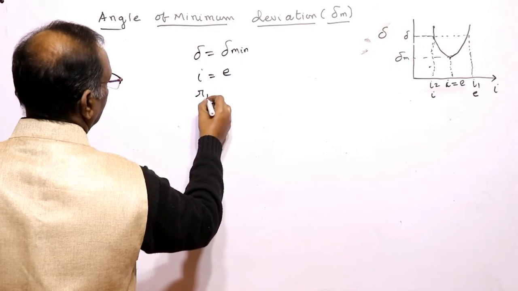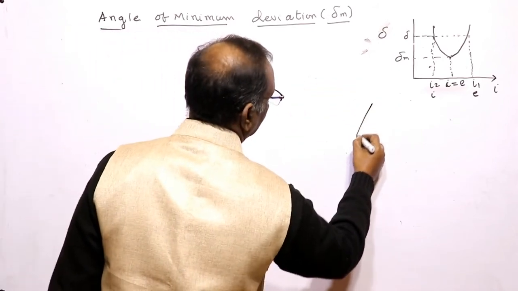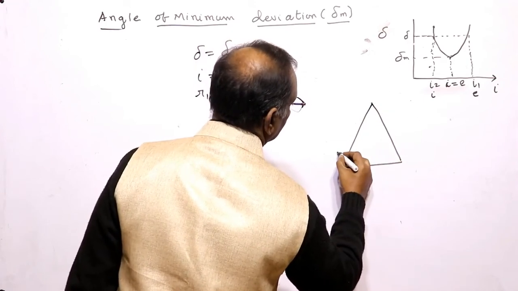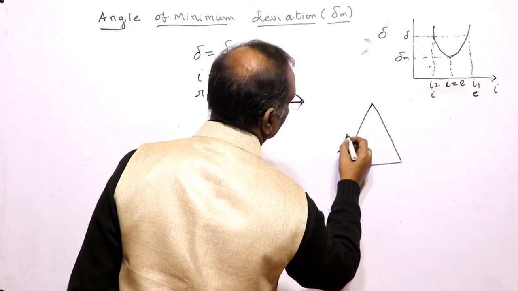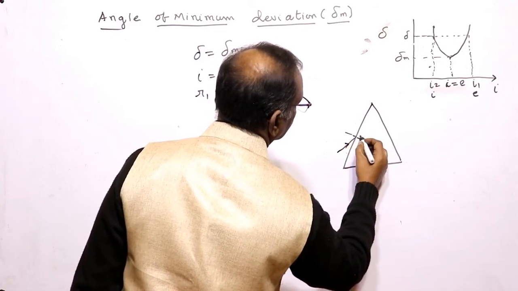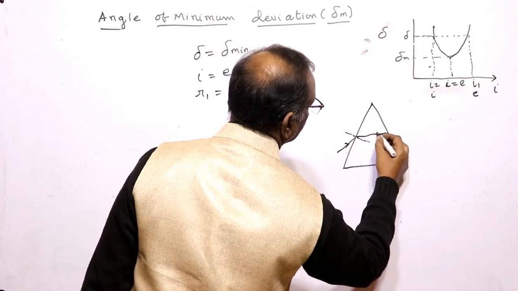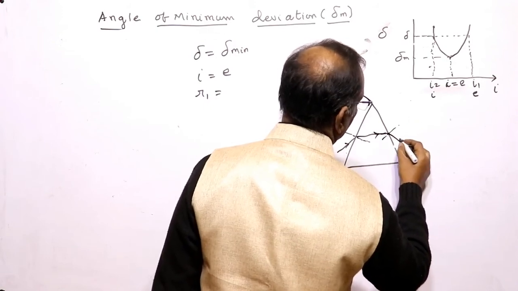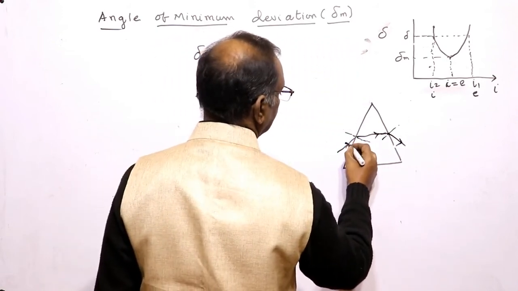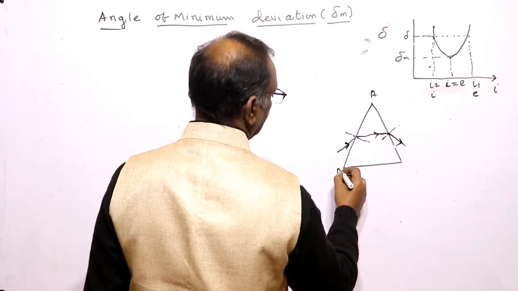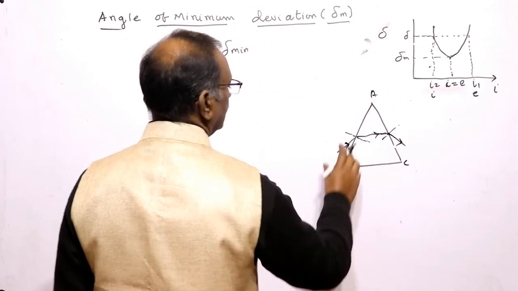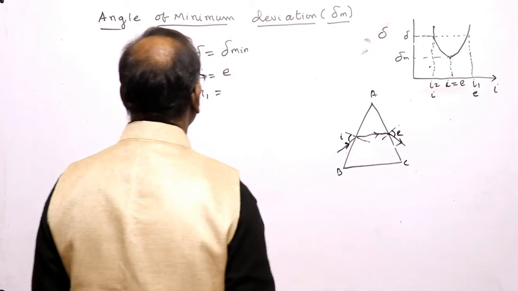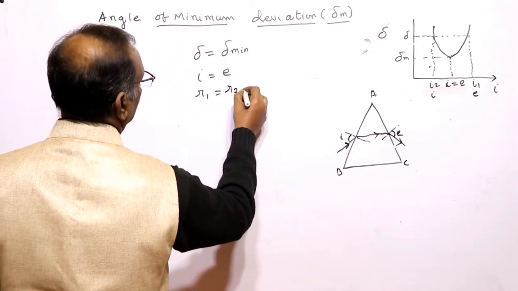This is the ray incident here, this is the normal, this is the ray through the prism, and again the normal, and it will be like this. So the ray will be symmetrical with respect to faces AB and AC.